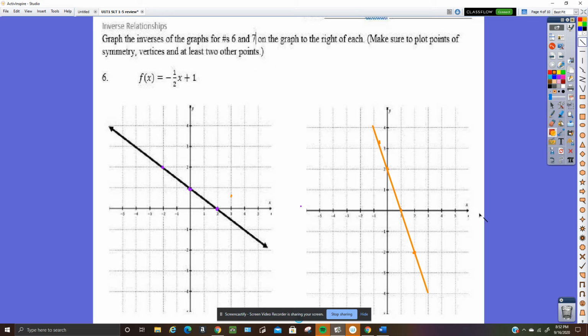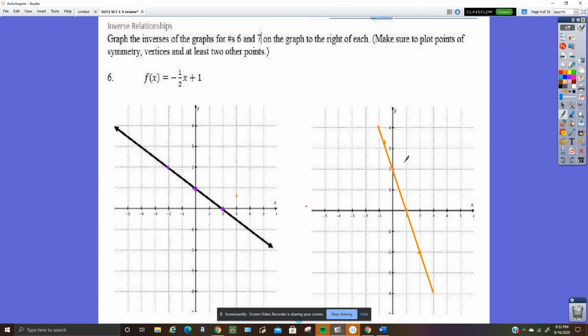All right, and if I label the points I just used, they were (0, 2), (1, 0), and this point here, (2, -2).